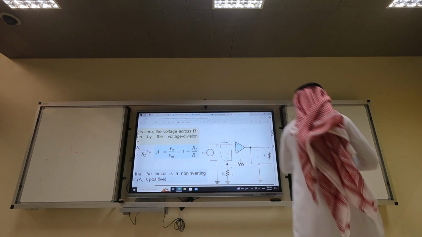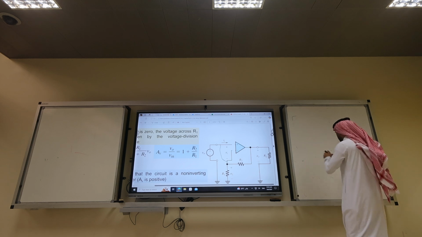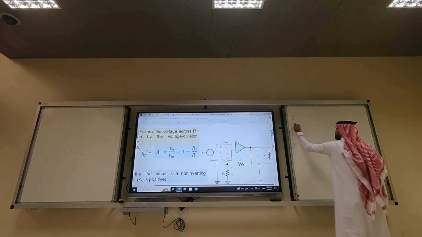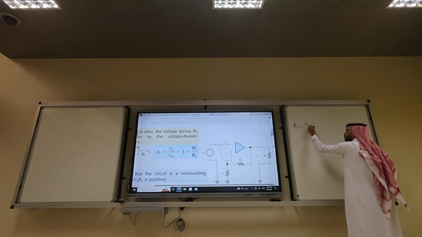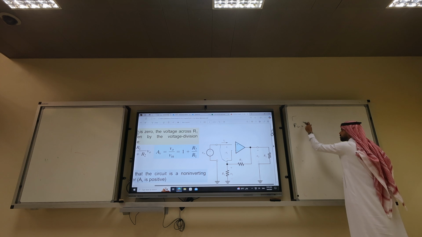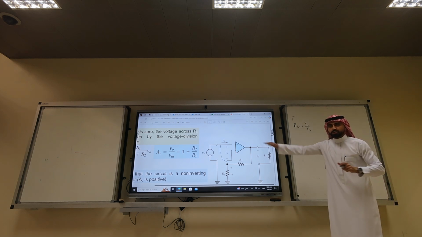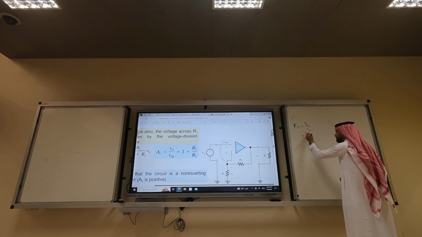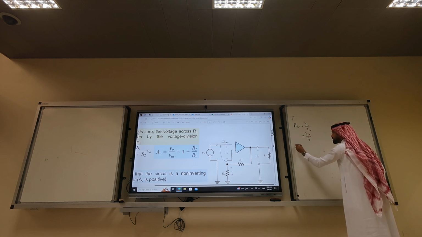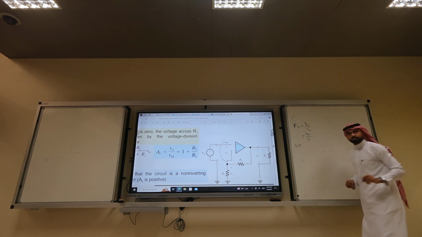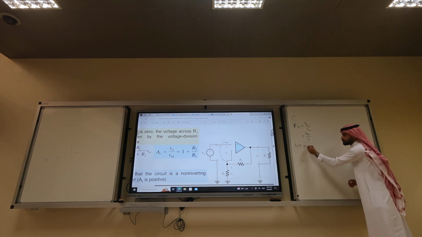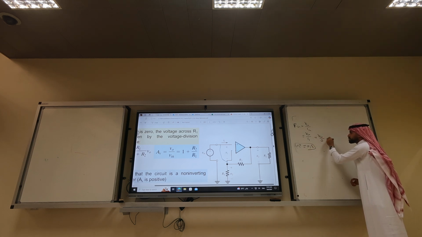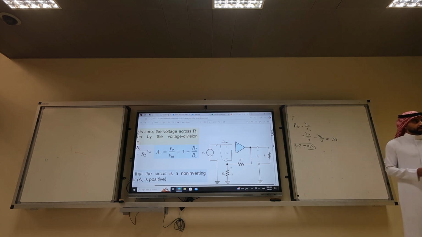So the input impedance is V input over I input. In this diagram it's V input over II. What is II? Zero. So V input over 0 is what? Infinity. Get it?